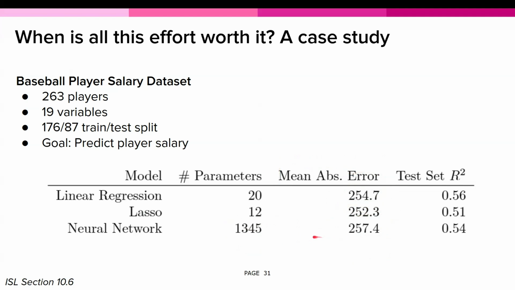So what this means is that even though the neural network had more parameters to work with, that doesn't necessarily translate to better performance.